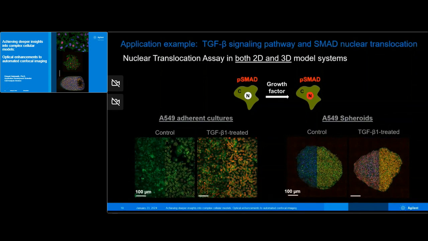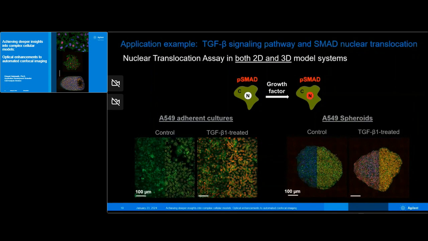Now, you can see that there's a split panel, and the outlines in one half of the panel show how you can do the analysis in Gen5. We've identified the nuclei within that image, and we can quantify the amount of SMAD2/3 signal within each nucleus here. As this is done there, we then scale up to a larger model, A549 spheroids.